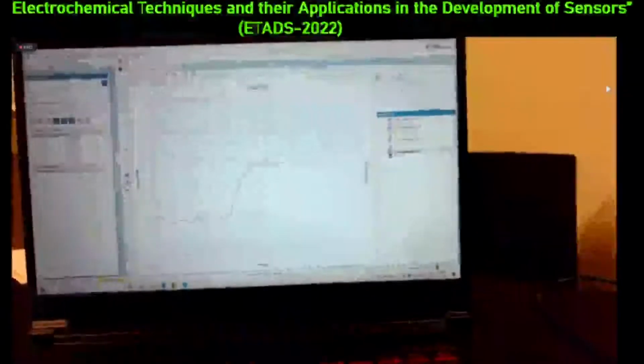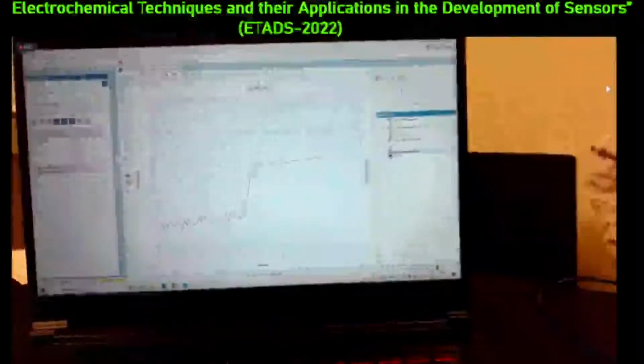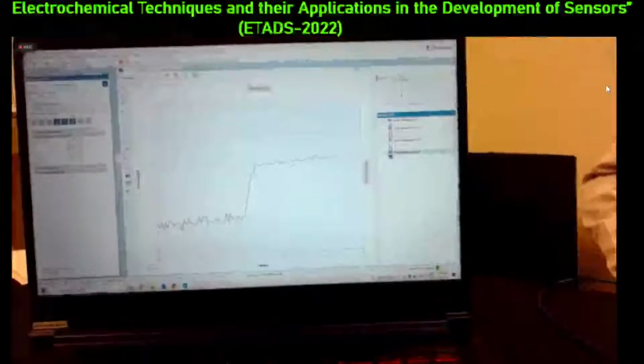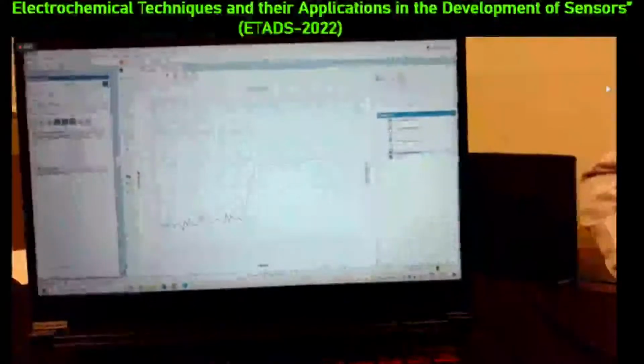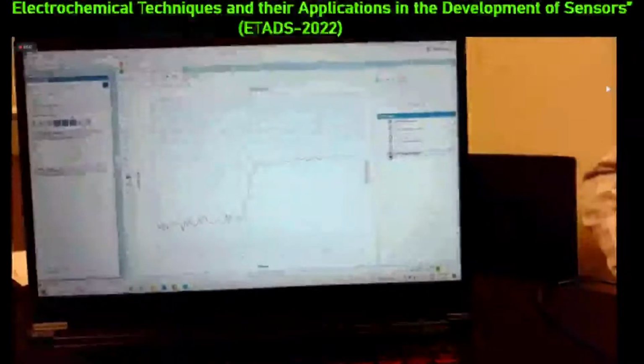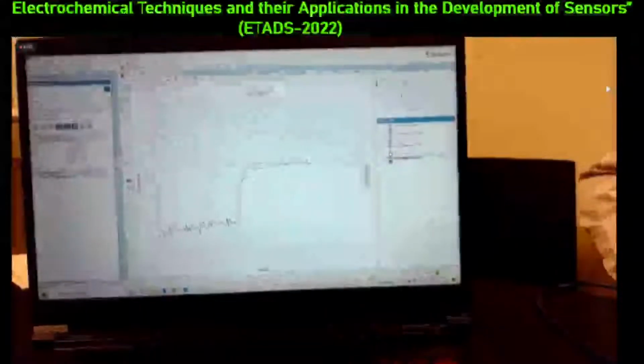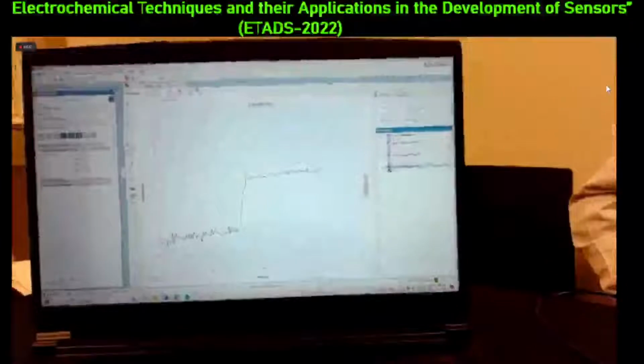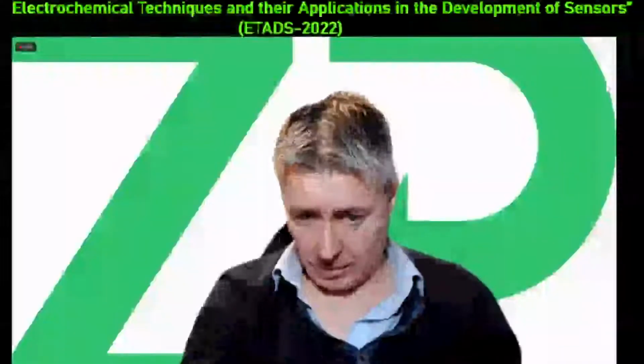I believe this is the best demo I can make at this moment. If there is any way of putting back a new solution, as the oxygen comes into the solution again, then you would see again a decrease in the current observed. So thank you very much for watching.